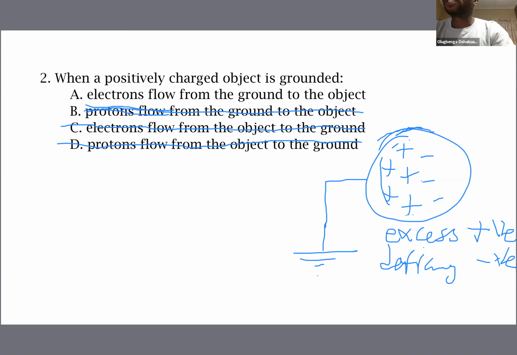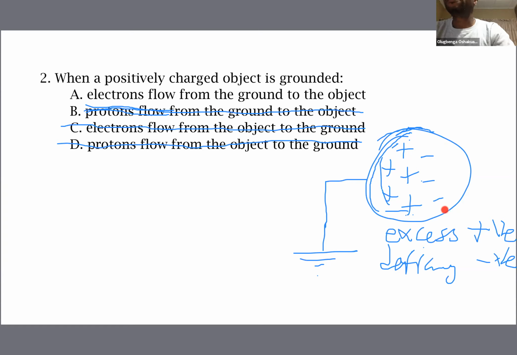Now let's look at it. This is having excess protons compared to the electrons. When electrons flow from the ground to the object, then we can have equal number or almost equal number of electrons. More electrons will flow, and it will make the body more electrically neutral, to move the body closer to neutral.